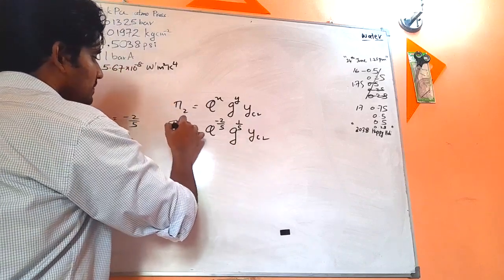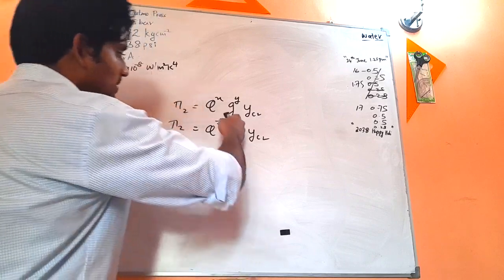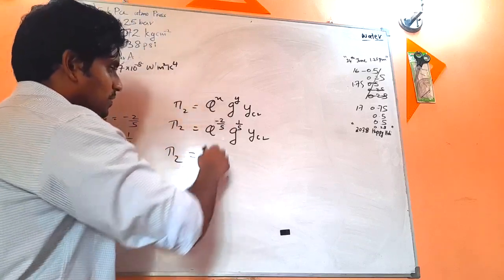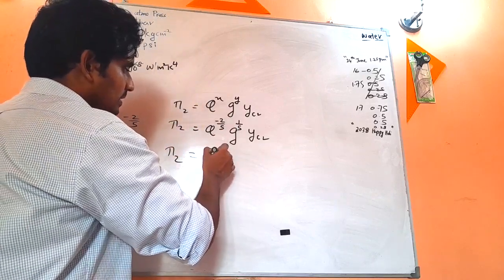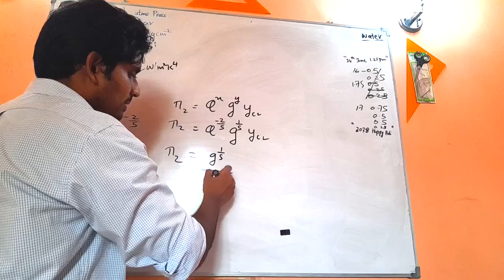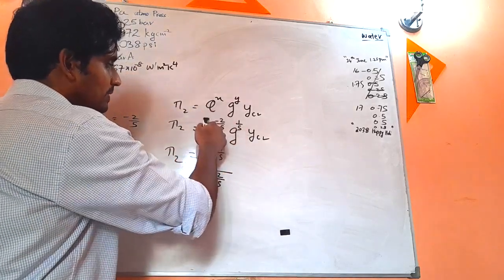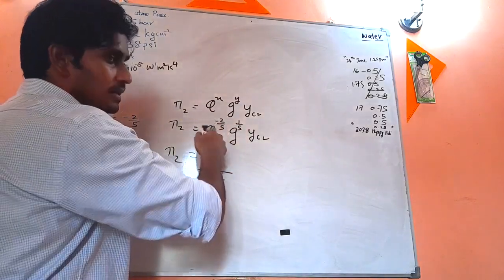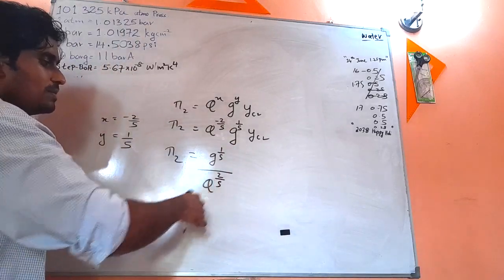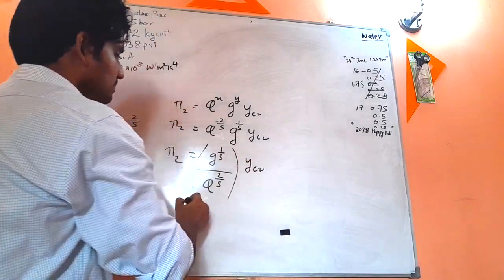So what is phi 2? We can nicely write phi 2 like this. Just focus on this 1 over 5 power. G to the power 1 over 5 goes at the top, and Q to the power 2 divided by 5, because upstairs we have minus 2 divided by 5, so we can shift it downstairs, making it 2 divided by 5, times y critical.